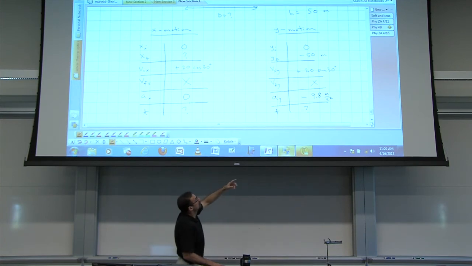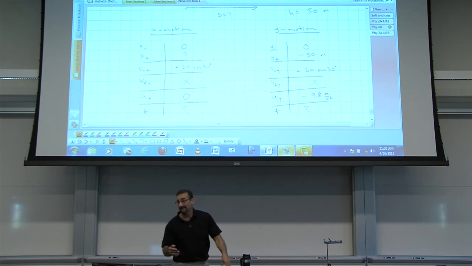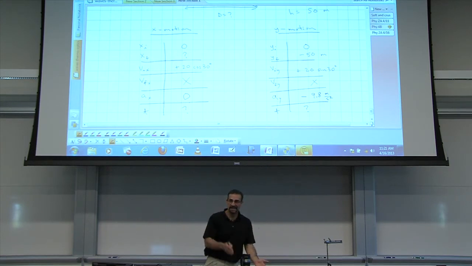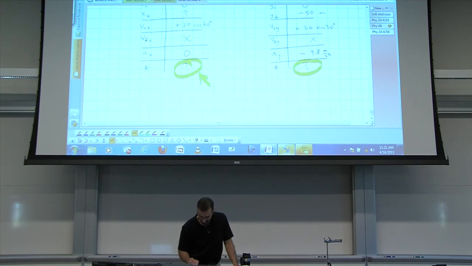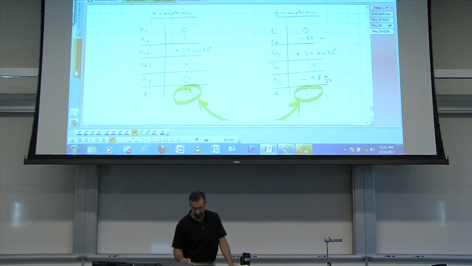And with this information, maybe we can solve for the missing piece of the puzzle and then finish the puzzle, right? So what links these two is the time. Because when the projectile makes it to the bottom of the cliff, it makes it there at the same time in the x direction as it does in the y direction, right? The time is the same. So these two times are the same. And we have enough information given in the y direction where we can solve for t.